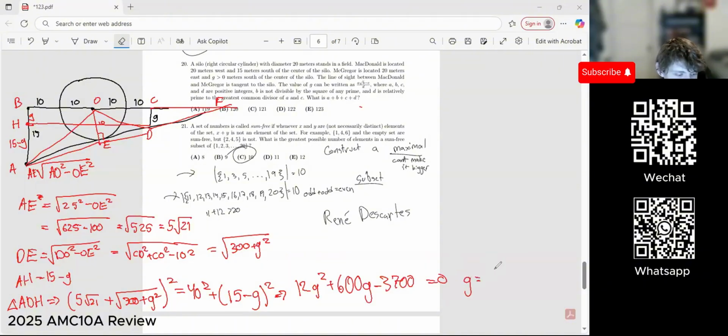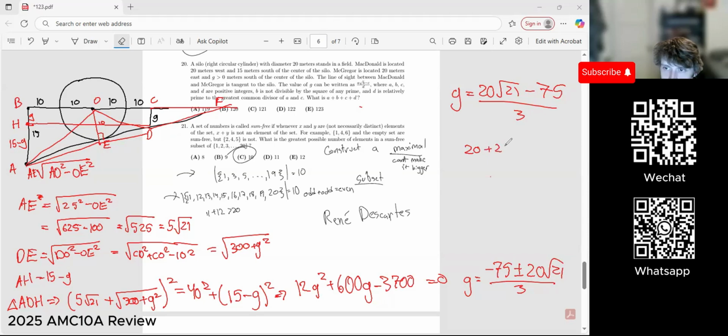Or G is equal to minus 75 plus or minus 20 root 21 over 3. Taking the positive root, G is equal to 20 root 21 minus 75 over 3. And so I think that's it. We have 20 plus 21 plus 75 plus 3, and that adds up to 119.